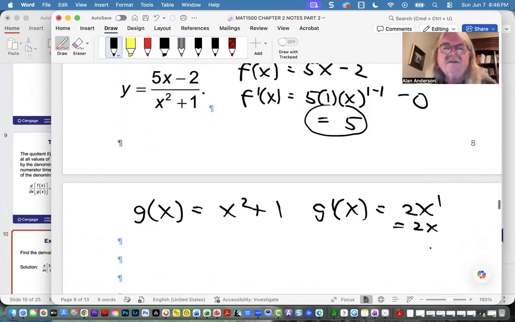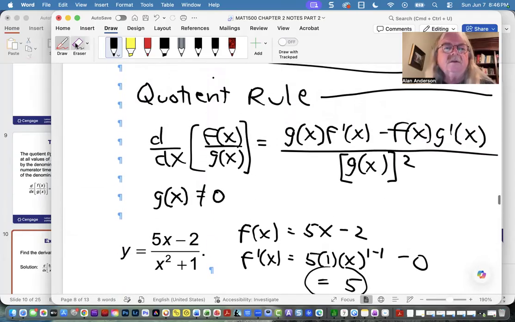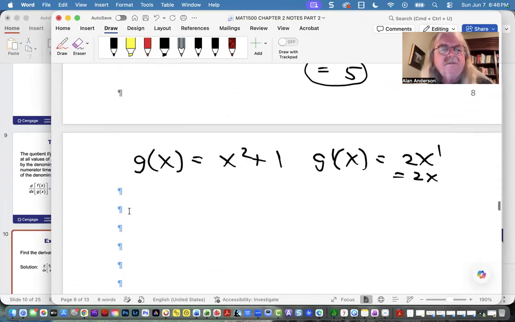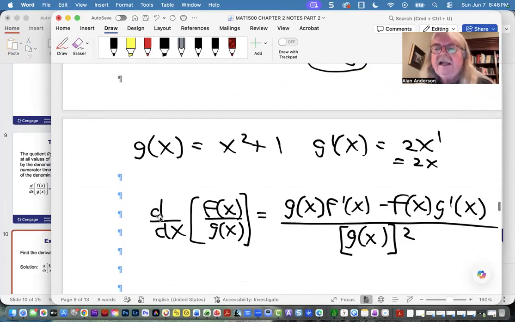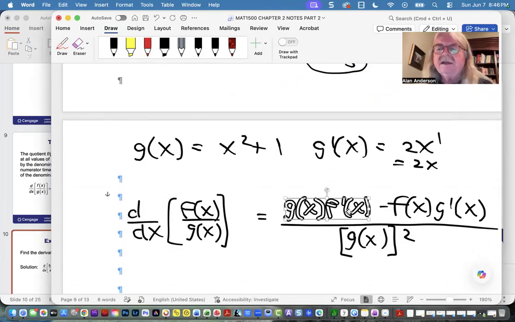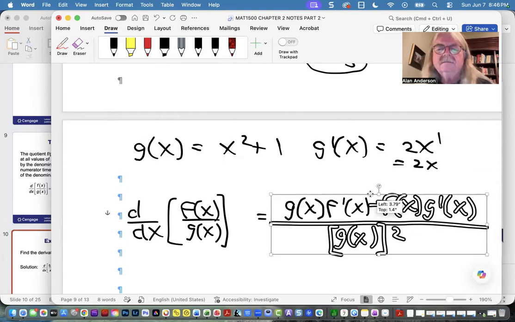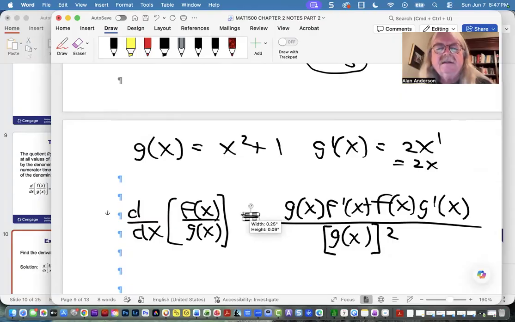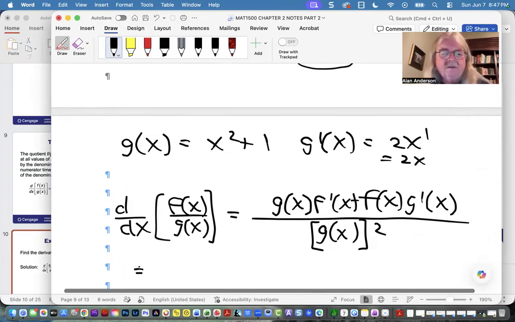All right, so now we can substitute this rule. We'll copy it down here, and we'll just copy everything we need in there. Just neatening it up a bit. All right, here we go. X squared plus 1.